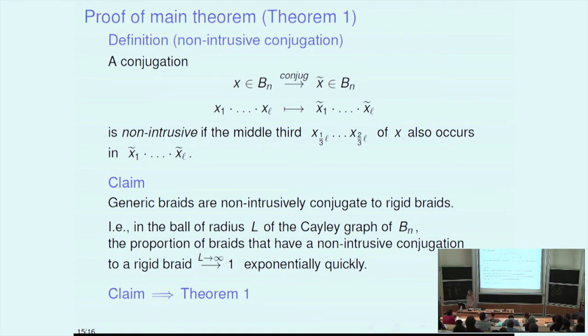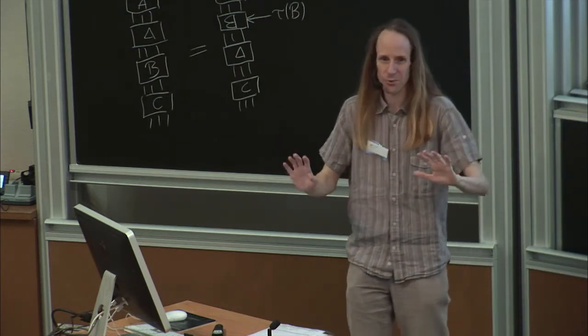I say this conjugation is non-intrusive if the middle third of that word appears literally in pristine form somewhere in the conjugated word. I'm not saying that it must appear right in the middle, because there could be some cyclic conjugation going on as well.